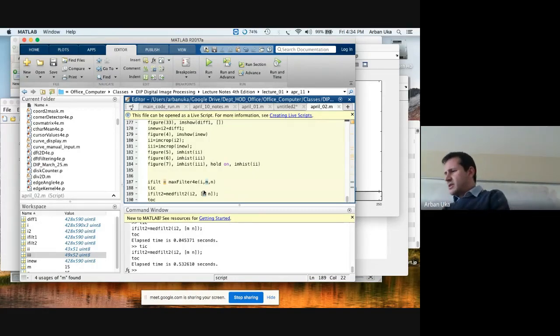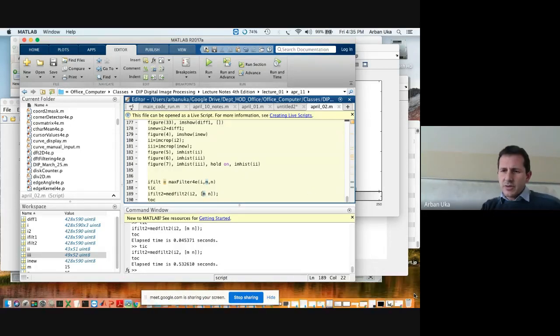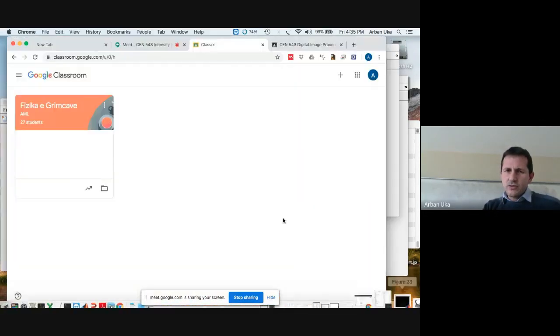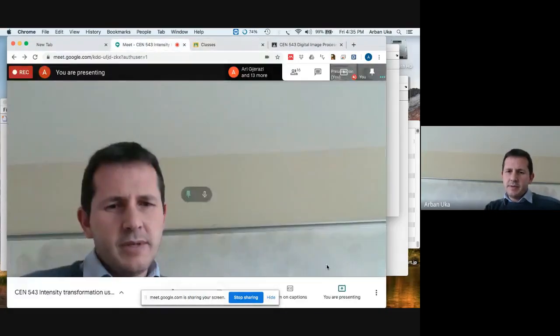Now, let's just see one final thing. Let's assume for a moment that we have three Gaussian filters.